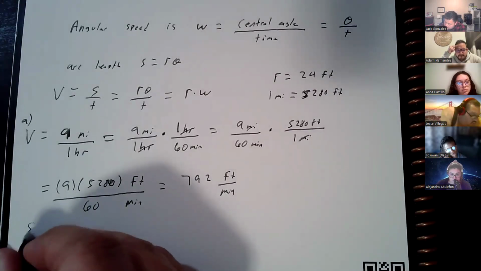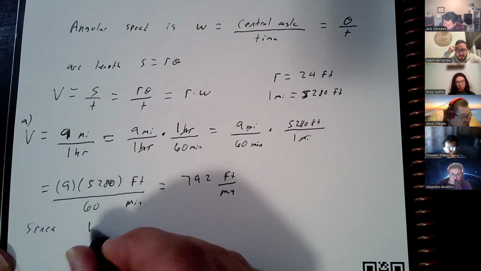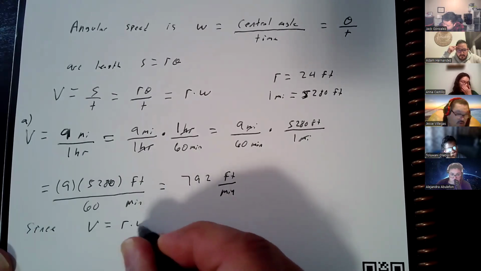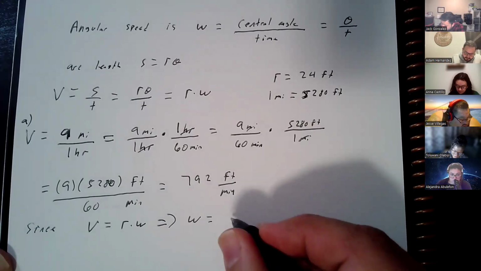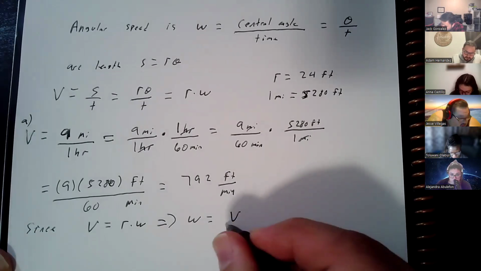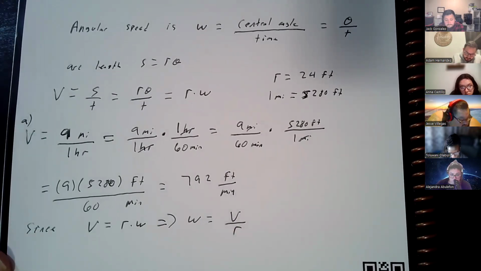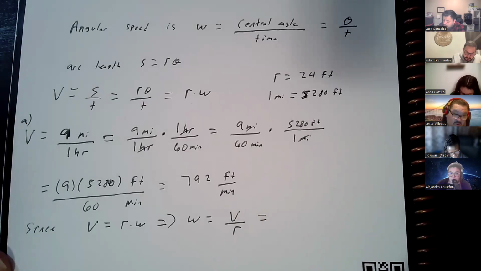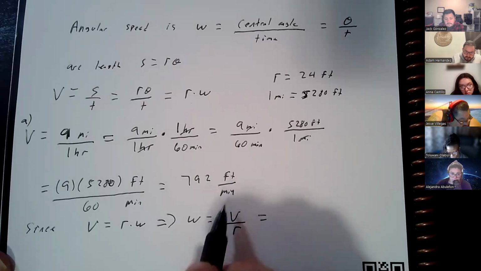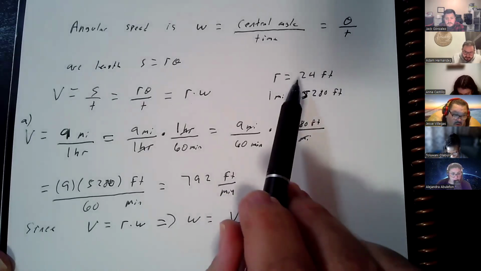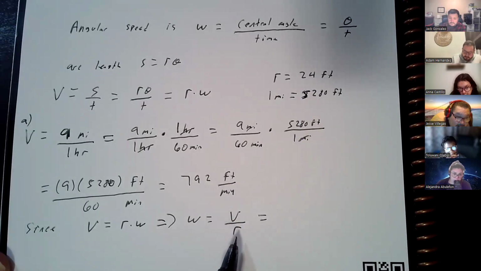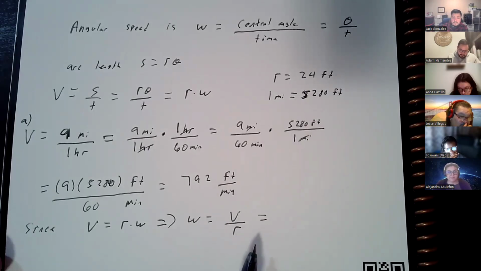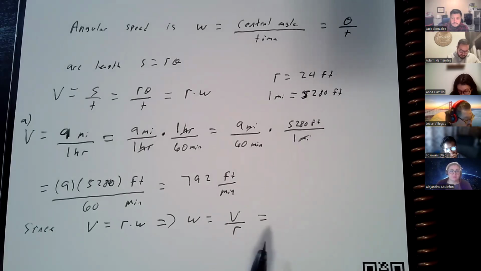Since V is equal to R times omega, that means that omega is equal to V divided by R. And we have V in feet per minute, which means we can now use the R, which is also in feet. That's why we had to convert. Also, the question itself said to put it in minutes. So they just purposely made us do more work. Like, hey, I don't want it in hours, do it in minutes.